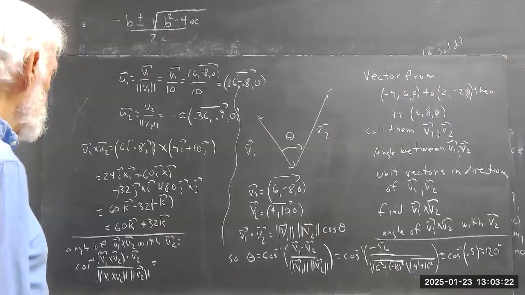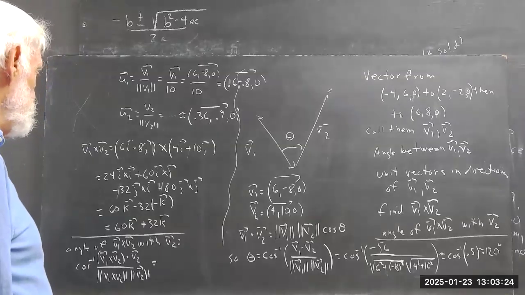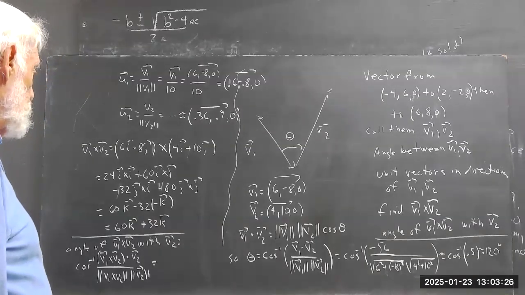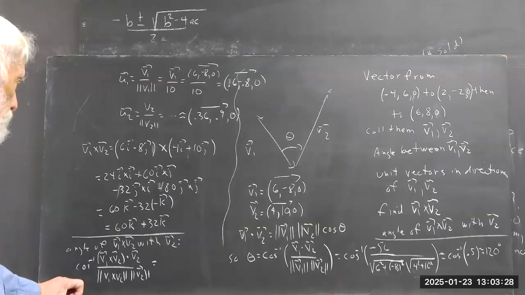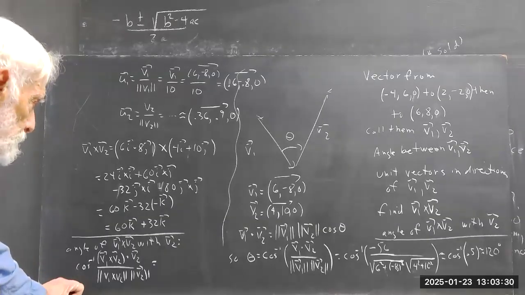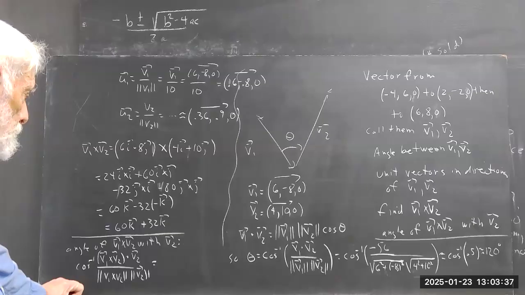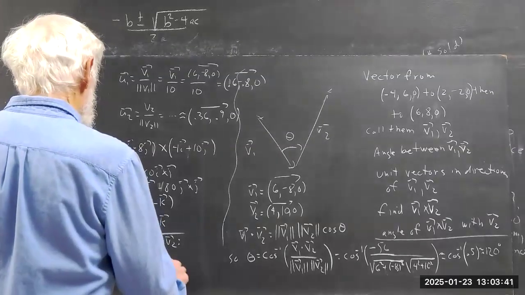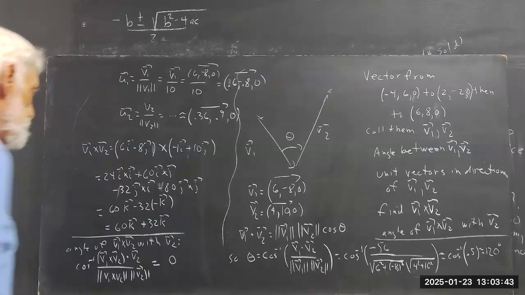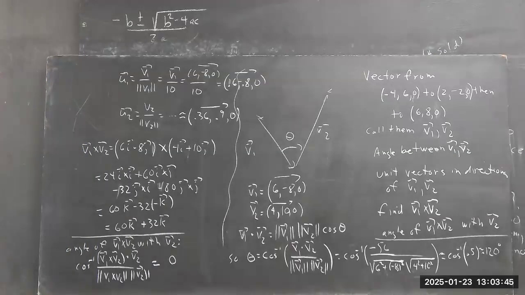If I dot V1 cross V2 with V2, I know what I should get, and it doesn't look like I'm getting that, so it's screwed up here. Oh, never mind, no. It's 0.